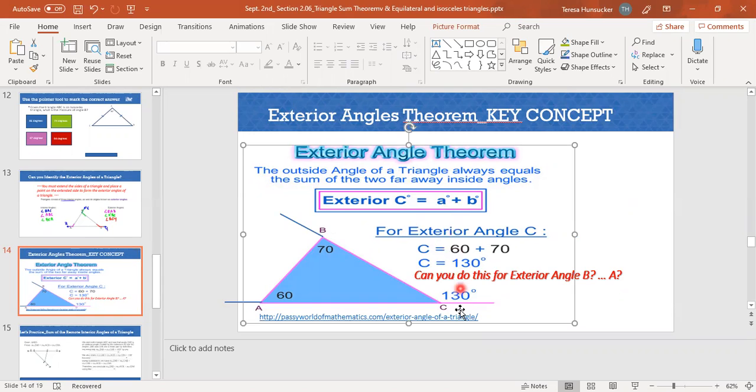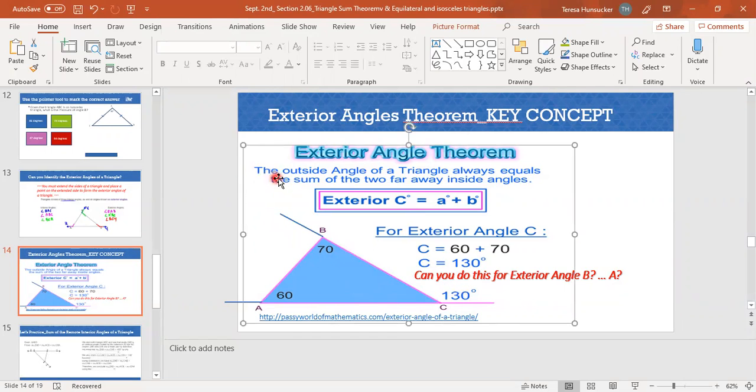But the point I'm making is if the name of the exterior angle is C, you're going to add the measures of the two other angles together, the interior angles. So 70 and 60 is 130. Interior far away angle A plus interior far away angle B equals the exterior angle. You add those, and that equals the exterior angle.